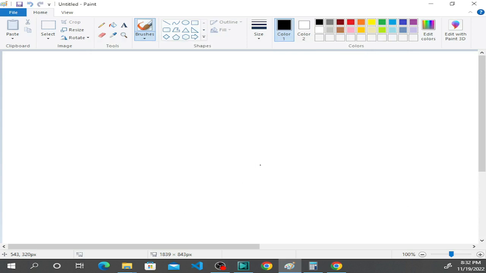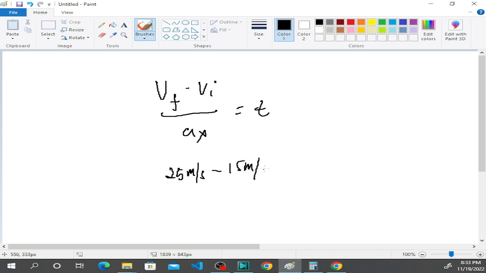So we plug in the values. We write the formula vf minus v sub i all over a sub x, which is equivalent to the value of time. So this is 25 meters per second minus 15 meters per second all over 4.0 meters per second squared.